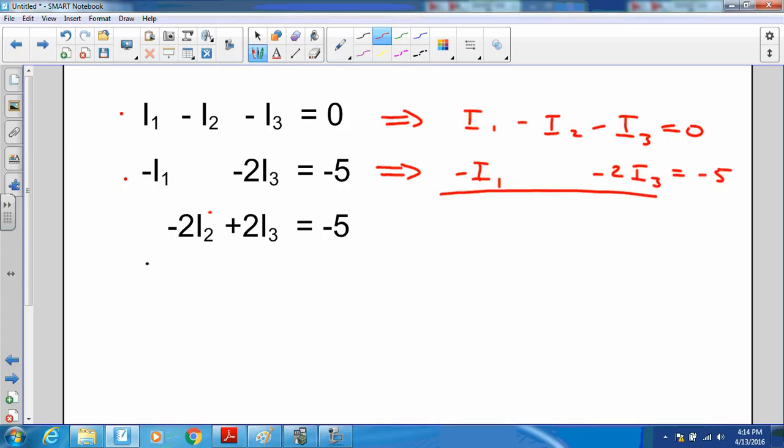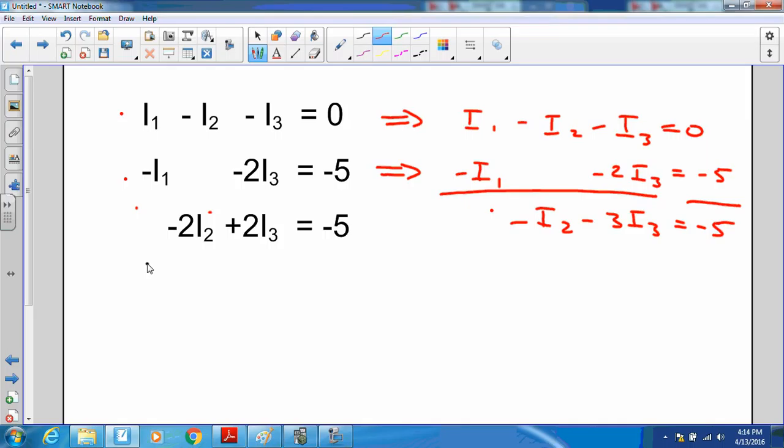Add them up to get a new equation that has two variables, just like so. And now our elimination has taken three equations with three variables and reduced it to two equations in two variables. We can now repeat the process.